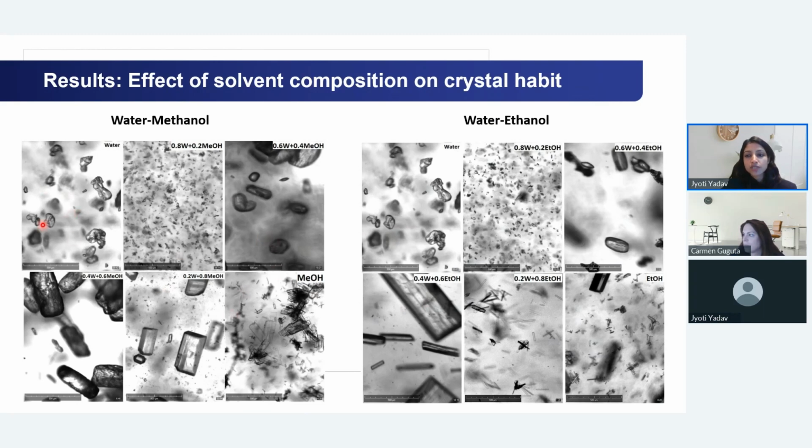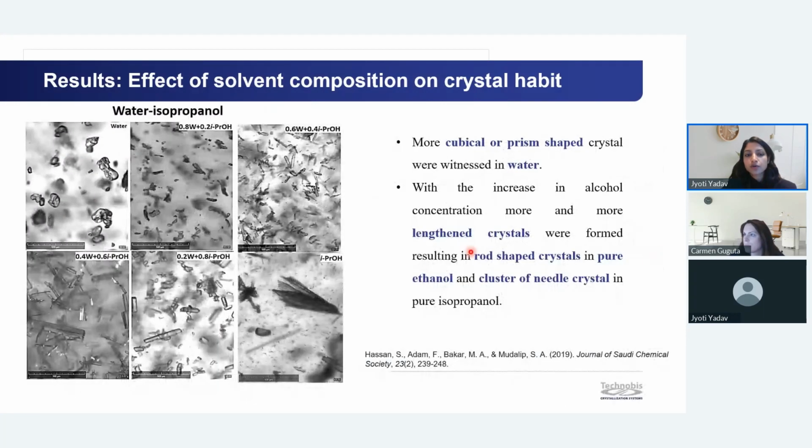More cubic-shaped crystals were formed in water, and with increase in alcohol concentration, more elongated crystals were formed, resulting in rod-shaped crystals in pure methanol and in pure ethanol. Similarly, in the water-isopropanol solvent system, more elongated crystals were formed with increase in isopropanol concentration, and in pure isopropanol, clusters of needle-shaped crystals were formed.